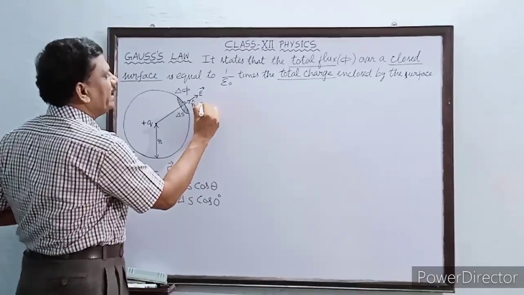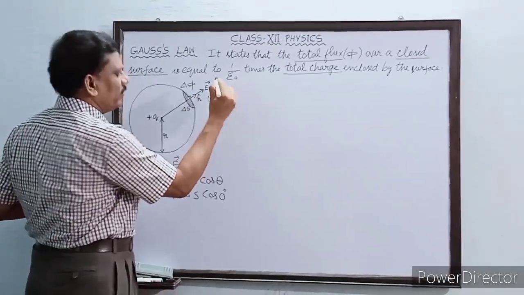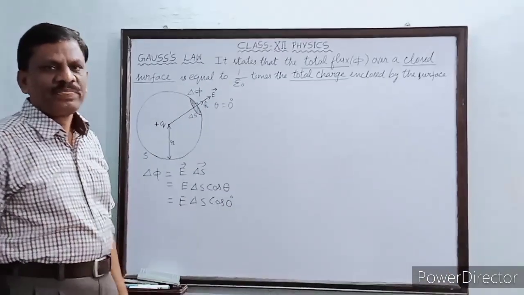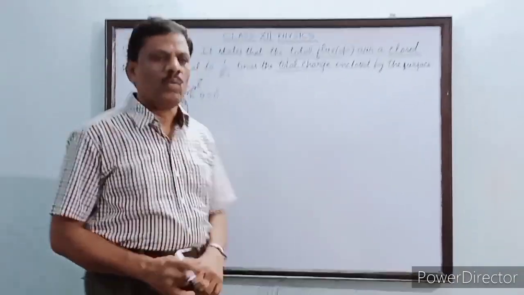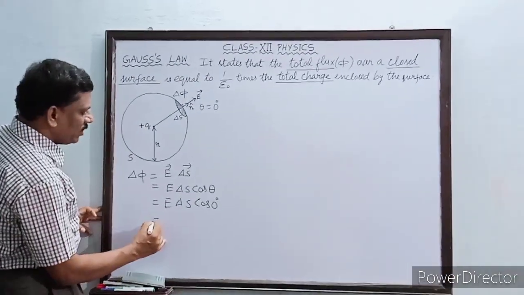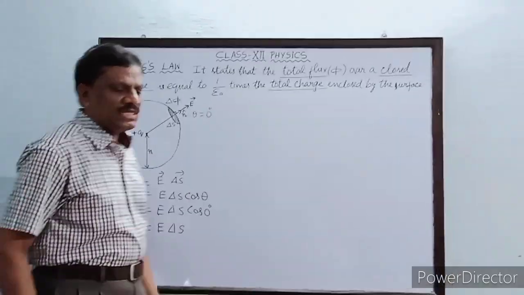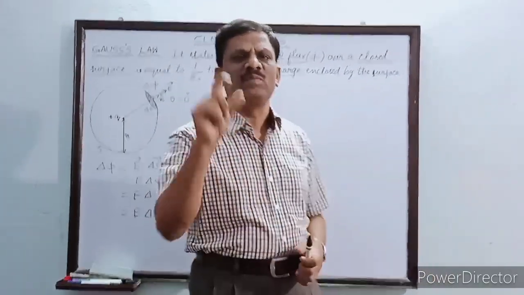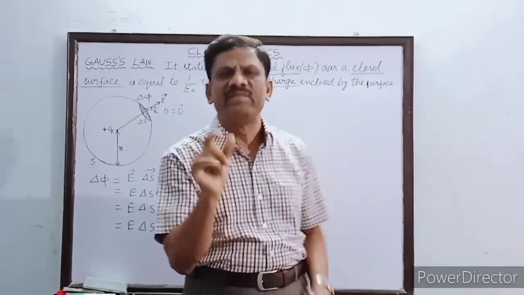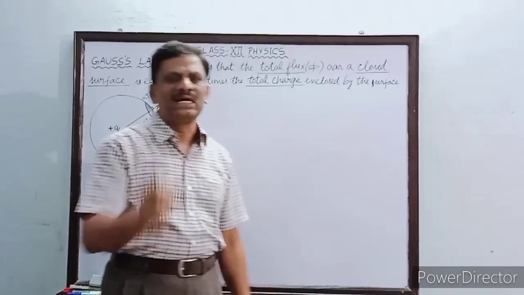Therefore, theta must be equal to 0, and hence cos 0 must be equal to 1. Therefore, this is equal to E into delta S. So, we have got an expression for the very small elementary flux passing through a very small elementary area delta S.